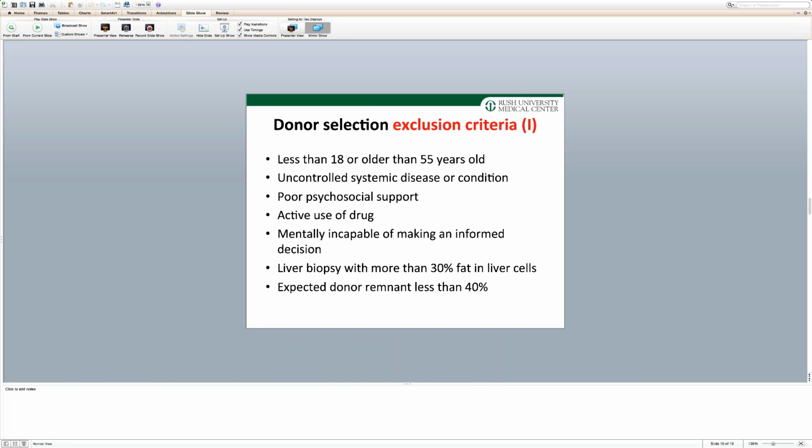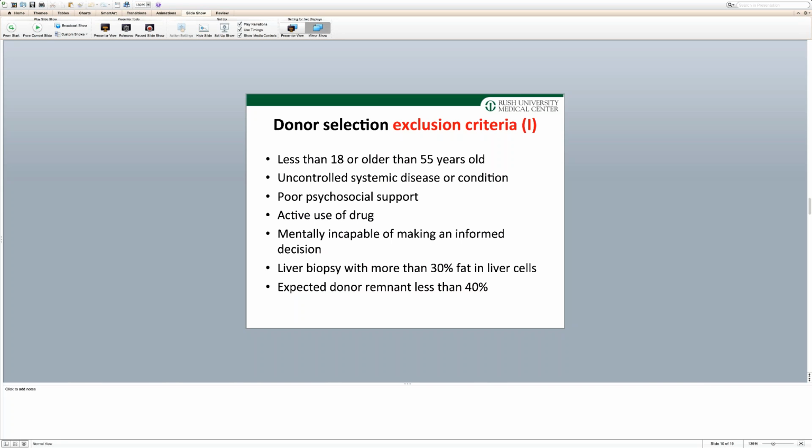What potential donor cannot be considered for adult liver transplant? First of all, if the patient is less than 18 years old or older than 55, usually the majority of the centers don't accept them as potential donors. If they have uncontrolled systemic disease or condition, if they have poor psychosocial support, if they're actively using drugs, or if they're mentally incapable of making an informed decision.